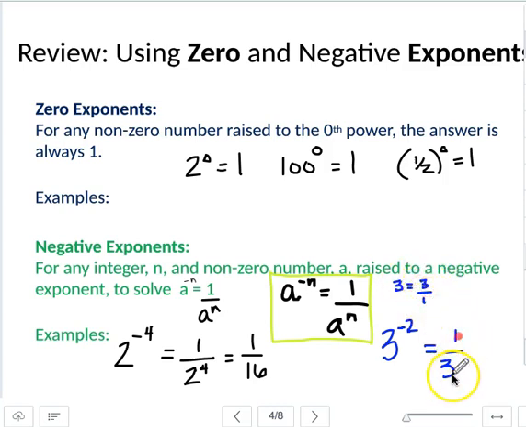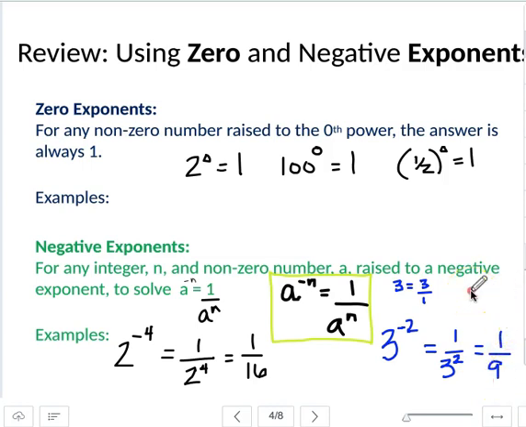So we flip it to its reciprocal, and now it's 1 over 3. And then that negative 2 exponent now becomes positive because we flipped it to the reciprocal. It's now in the denominator. And then we can evaluate. 1 over 3 squared is the same as 1 over 9. 3 times 3 is 9. So 3 to the negative 2 is actually equal to 1/9.